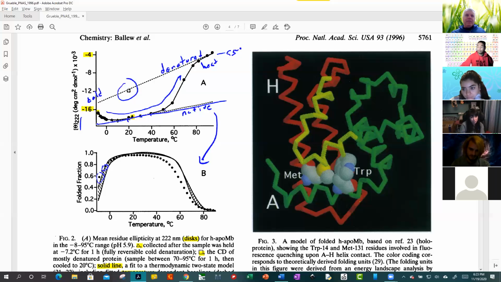Exactly. So now, why is this guy here different from this guy here? Calvin. Why is this denatured state here different from this native state here?